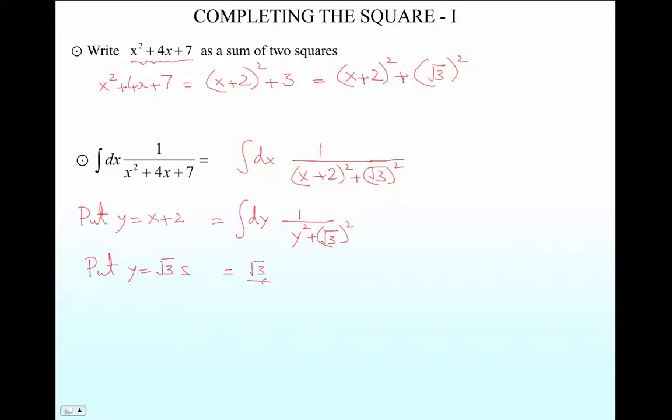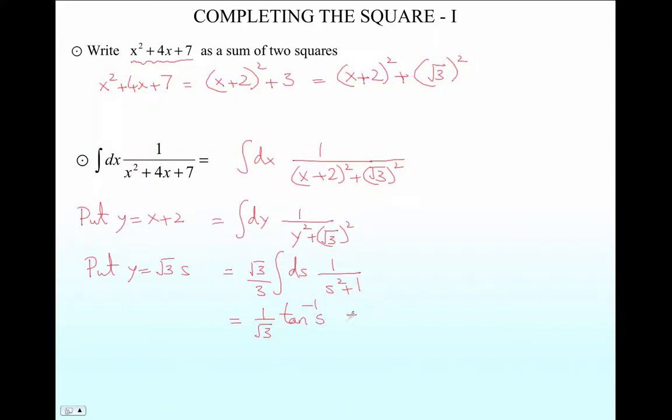What that means is I can take the 3 outside, and then this becomes ds, 1 over s squared plus 1. Now we are in familiar territory, because the integral of 1 over s squared plus 1 we know to be just tan inverse s. So this is 1 over square root 3 tan inverse s.